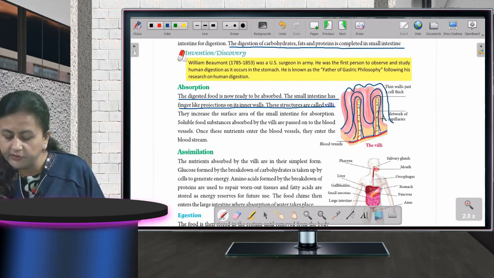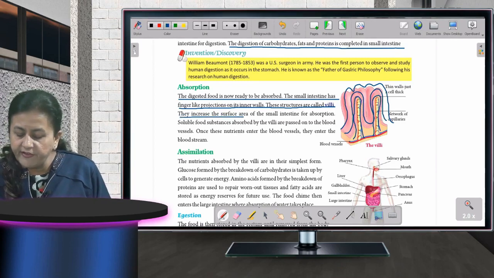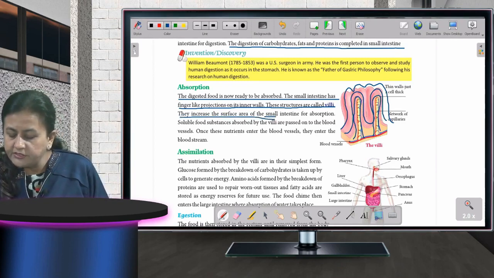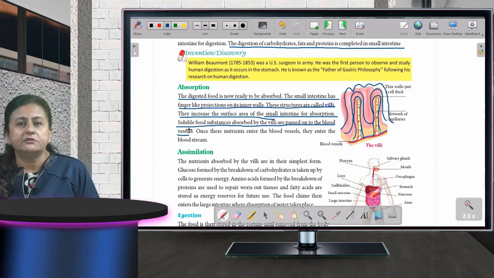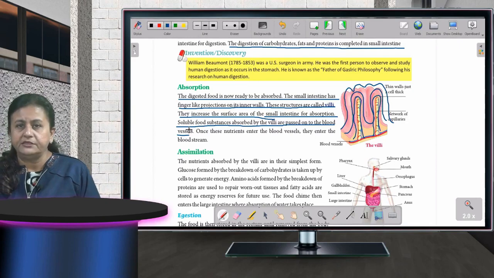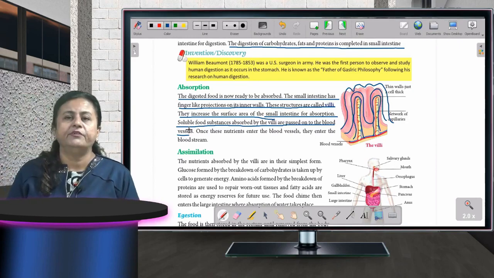What is happening over there? They increase the surface area of the small intestine for absorption. Okay, soluble food substances absorbed by villi are passed on to the blood vessels. Fine. Now the blood is absorbing and passing it to the blood vessels. Okay, and what is the work of the blood vessels?